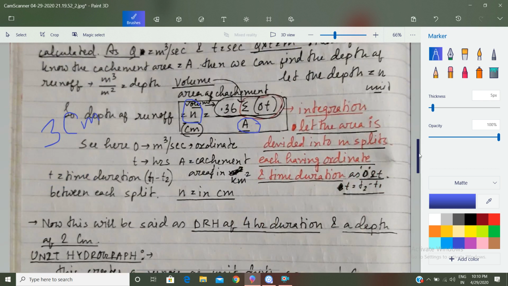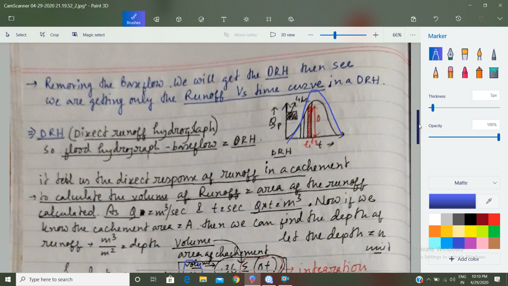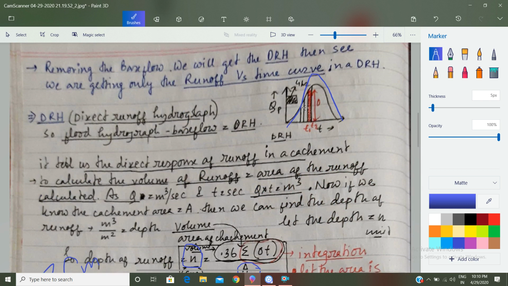If for the same storm we need to draw a unit hydrograph, it means we will have a runoff depth of 1 centimeter only. You have to remember this throughout your life: for a unit hydrograph the depth of runoff is 1 centimeter, and corresponding to that depth of runoff you get the unit hydrograph.